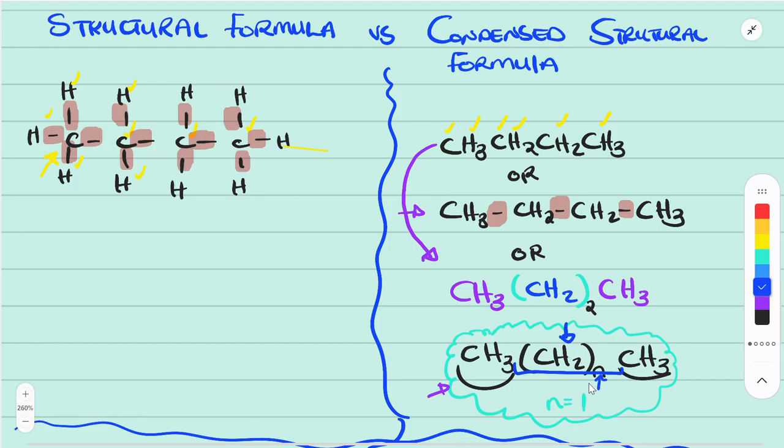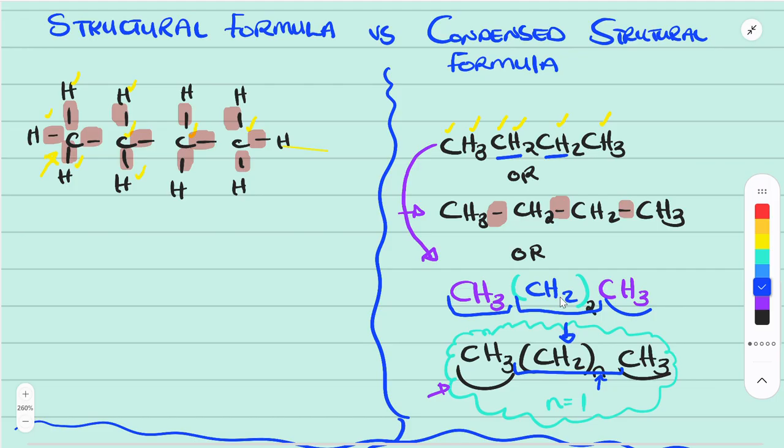What is this N? This N will tell us how many times that unit will repeat. If we have CH2, how many times will that CH2 unit repeat in the chain? As you see in this first one, we have this CH2 unit, we have this CH2 unit, so we are having two of them. So you can just have your CH3, your two CH2 units that are repeating, and then you can have your last CH3 unit over there.